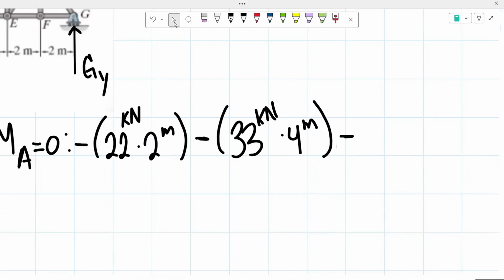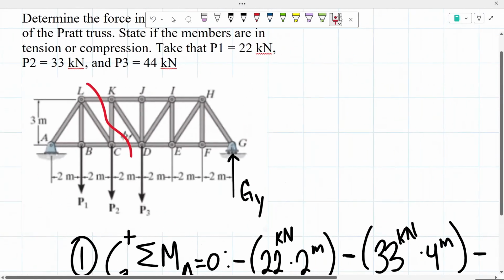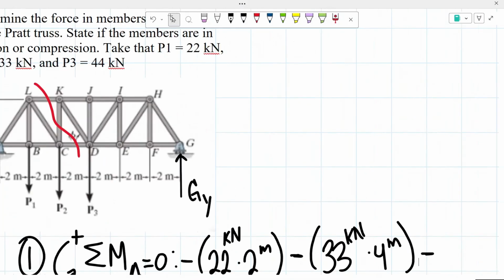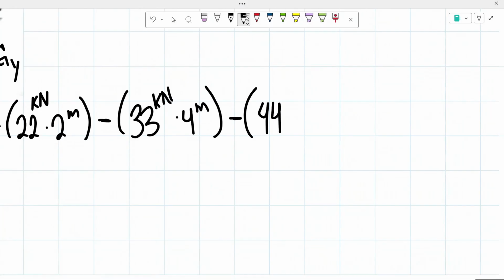We said that the other force is also going to be creating a negative moment with a force of 44 kilonewtons and a distance of 6 meters. So we're going to want to do 44 kilonewtons times 6 meters.